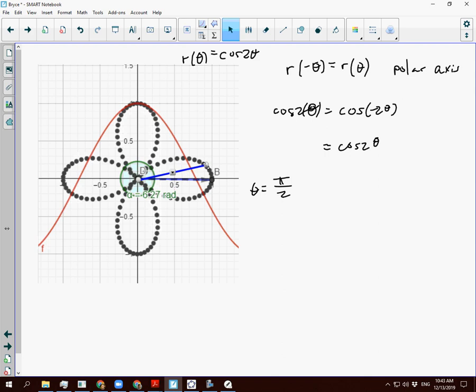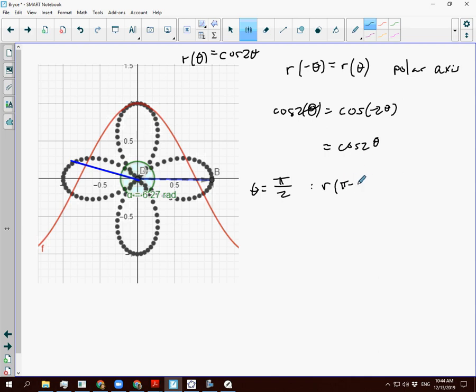It has to equal the r at pi minus theta. Here's pi. Subtract theta, say like 10 degrees in this case. When theta is, let's say, pi sixths, r has to equal r when theta is pi minus pi sixths, or 5 pi sixths.